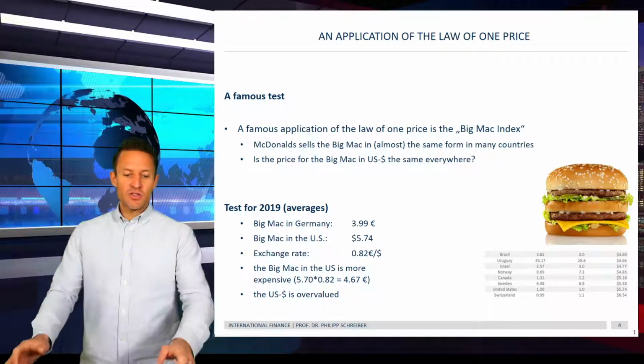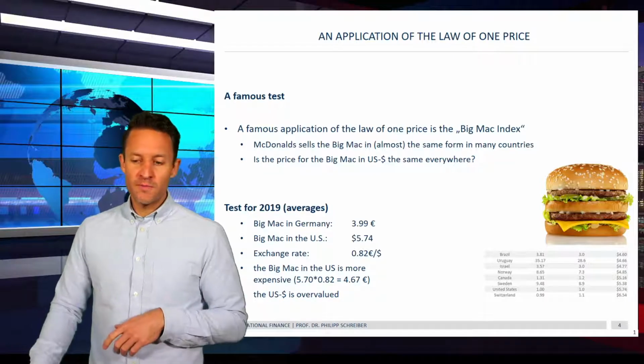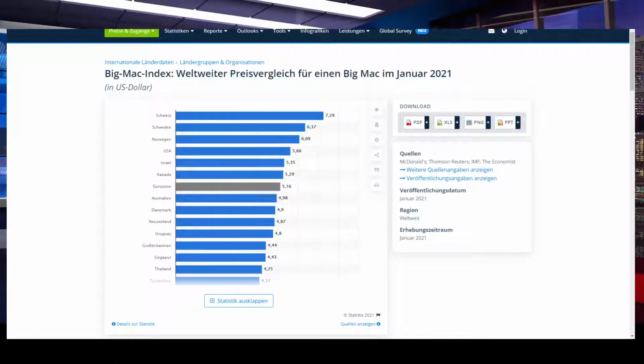You can actually check out the prices for 2021 by switching to our browser here. I just Googled Big Mac Index and found this statistic from Statista, and they took the data from The Economist. As I said, The Economist publishes the Big Mac Index regularly. Here we have data from January 2021.